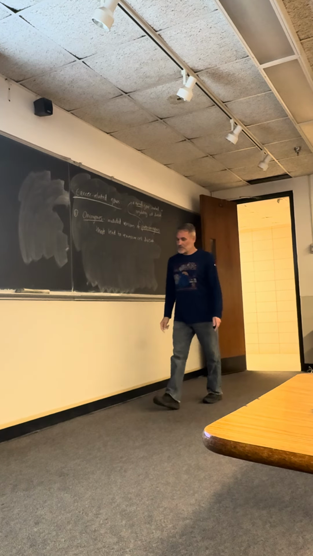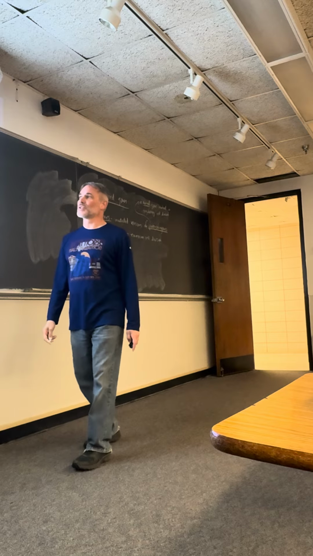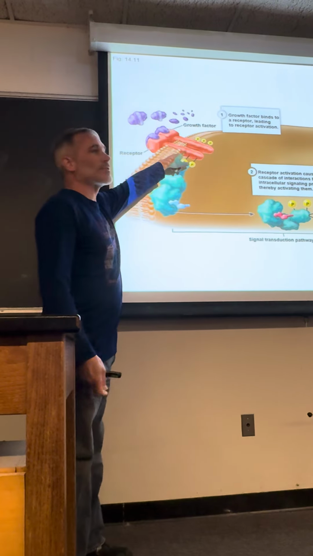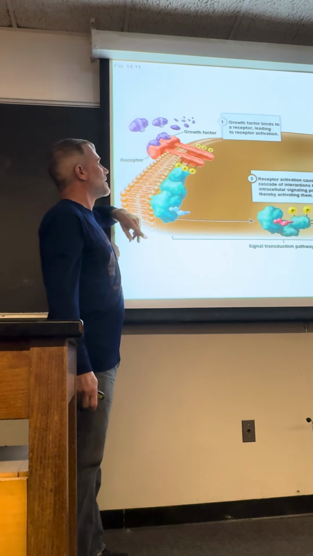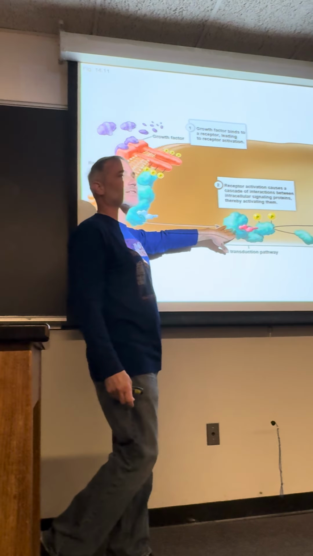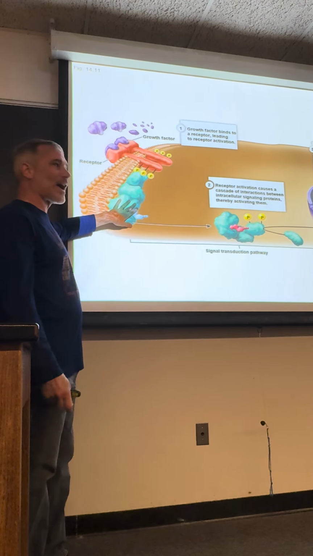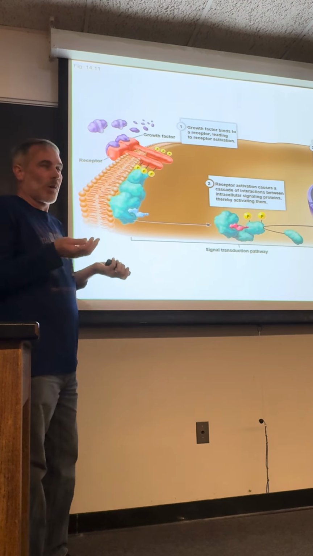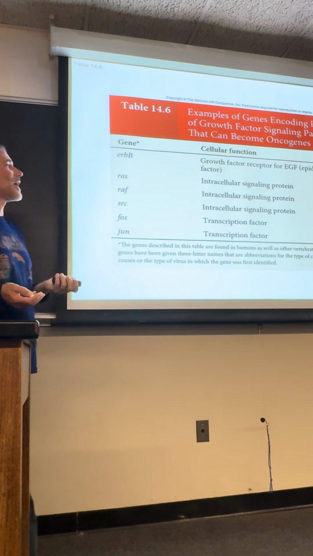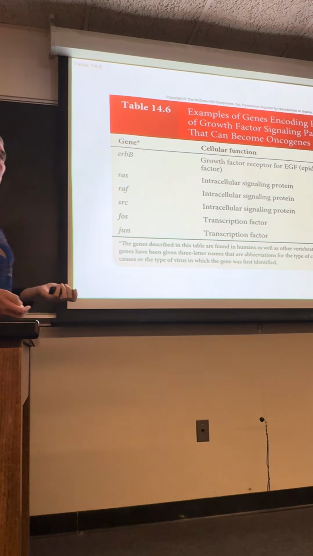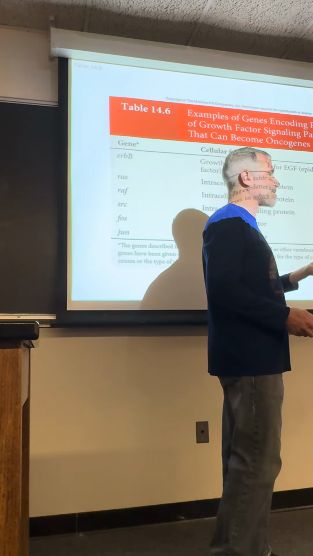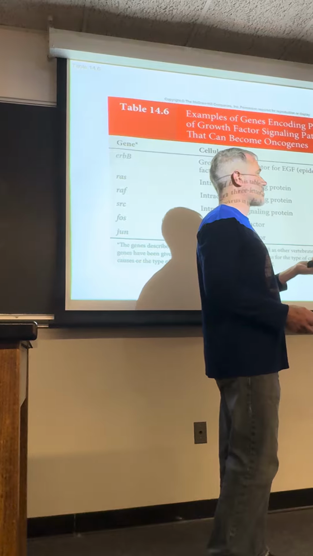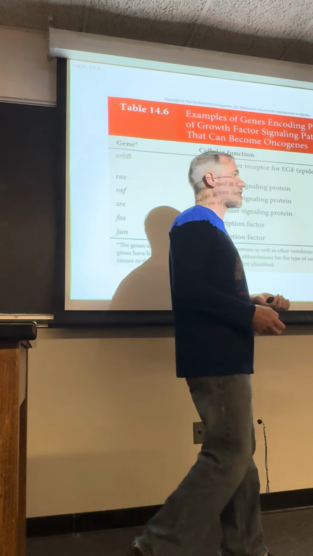So a normal gene that's involved in regulating cell division might be something like the gene that encodes the growth factor, the gene that encodes the ligand, the gene that encodes some of the kinases, the gene that encodes RAS. So all of these things are normal proteins. We have to have our cells divide, but if those proteins are mutated, we then call them oncogenes instead of proto-oncogenes, which are normal. We call them oncogenes, and these lead to excessive cell division.